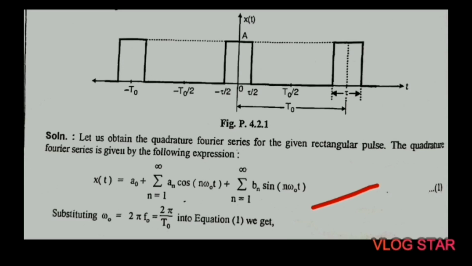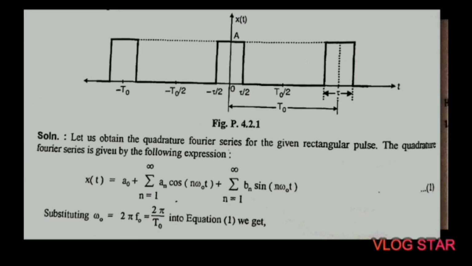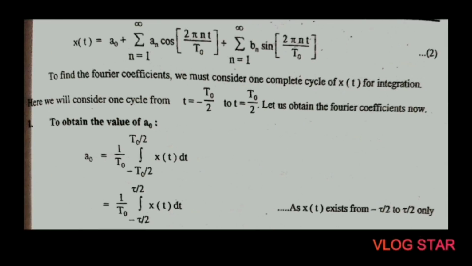Here we substitute the value of omega 0 in terms of frequency and time period, that is omega 0 = 2 pi f0 or 2 pi by T0, in equation number 1. Then the equation becomes x(t) = a0 + summation of n = 1 to infinity an cos(2 pi nt by T0) + summation of n = 1 to infinity bn sin(2 pi nt by T0).